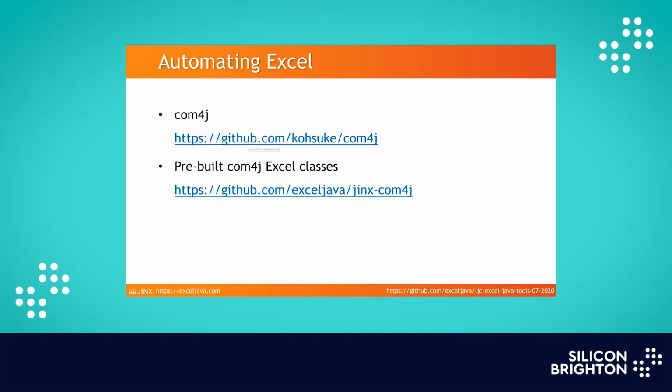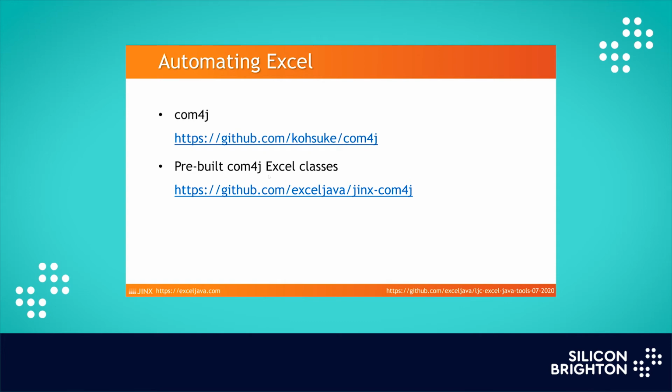If you're not really that familiar with COM, that can be a slight hurdle to get over. So we have some pre-built com4j XL classes, which you can get from GitHub, from the XL Java organization. There's a Jinx com4j repo there, and with those, you can get started pretty quickly.